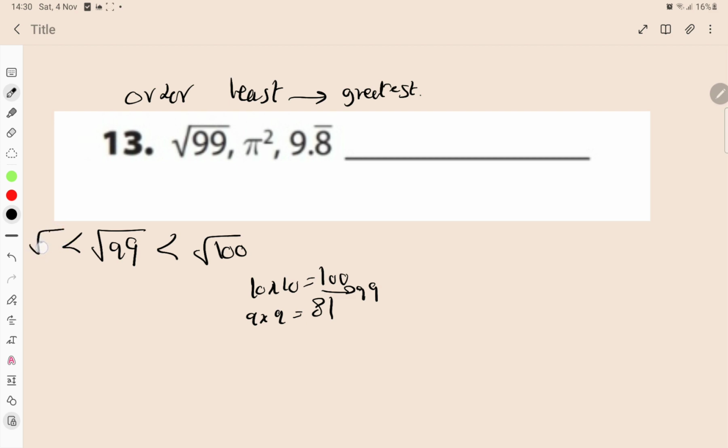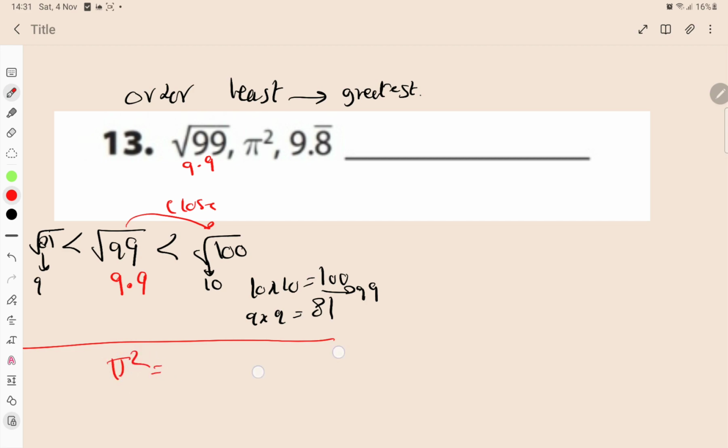So here is root 81. Root 100 is 10. Root 81 is 9. 99 is very close to 100. Root 99 is between 9 and 10. So we say that root 99 is 9.9 because it is very close to root 100. Pi squared.